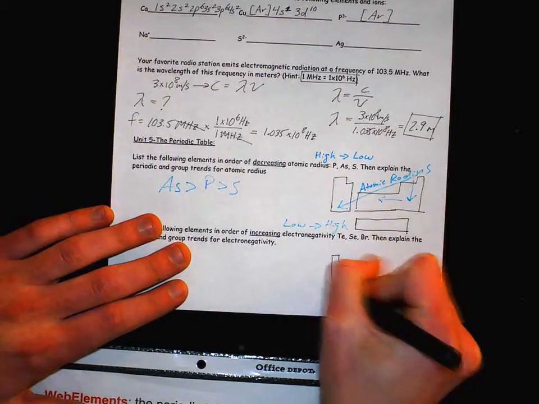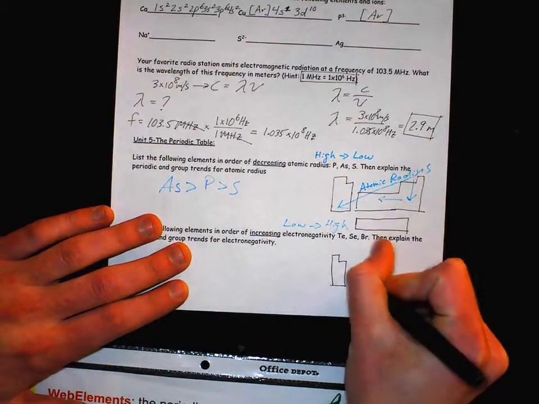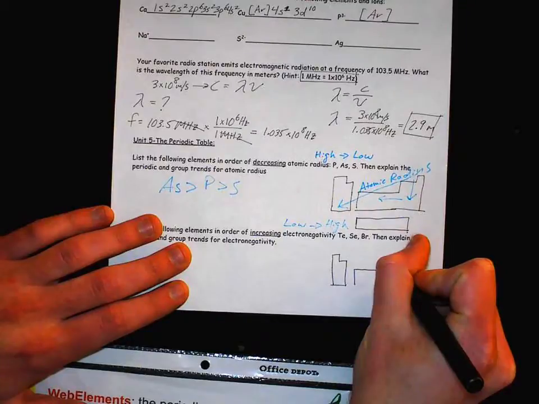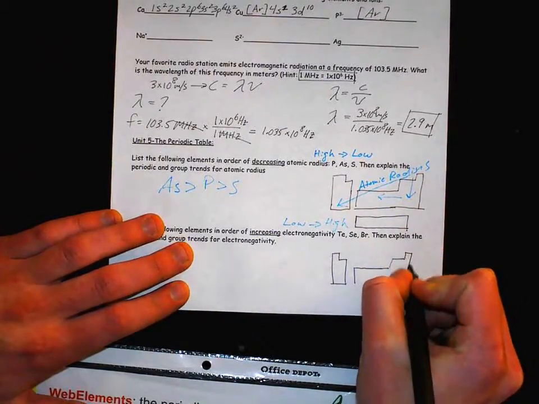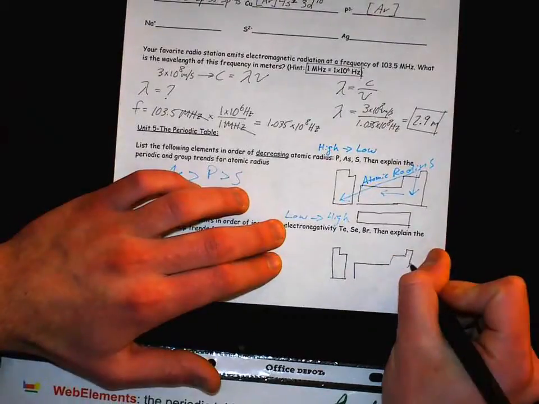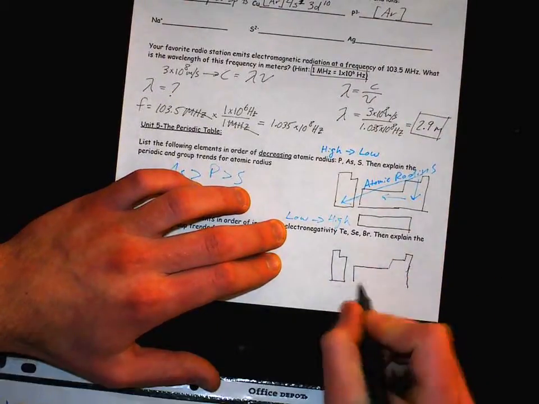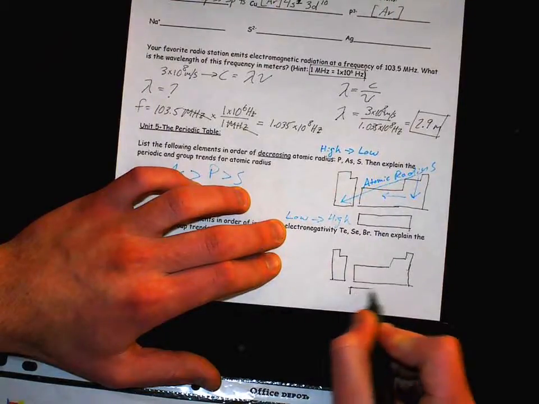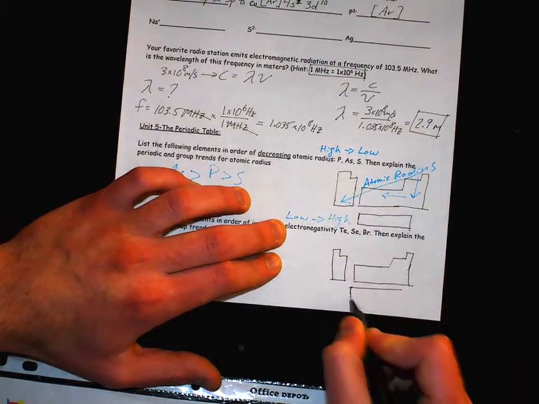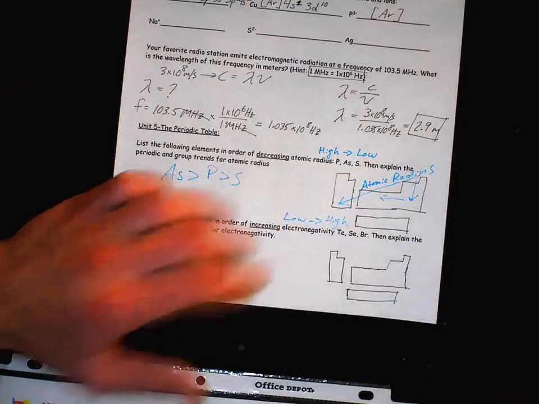It increases in value. We do not assign a value for electronegativity to the noble gases because they do not have any want or need to attract any more electrons. They have a filled octet. They are happy as could be, and they don't pull on electrons when they are in a compound.